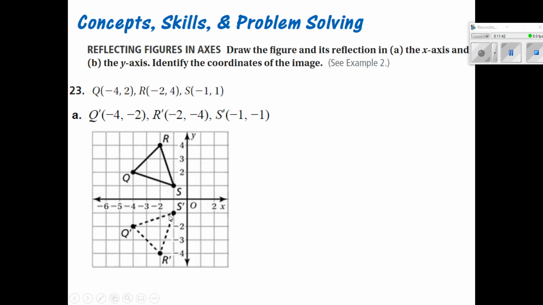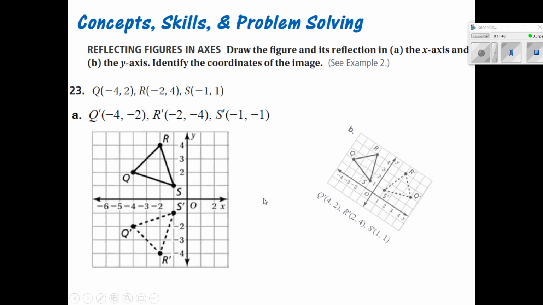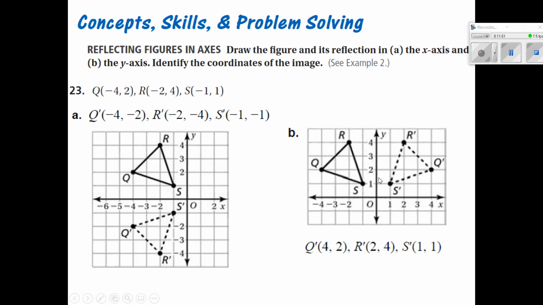And R prime will be 1, 2, 3, 4 away, just like the original R, 1, 2, 3, 4. Now over here, across the y-axis, again, we're going to put everything an equal distance away. We're crossing the y-axis, not the x. And my new coordinates will be Q prime (4, 2), R prime (2, 4), and S prime (1, 1).